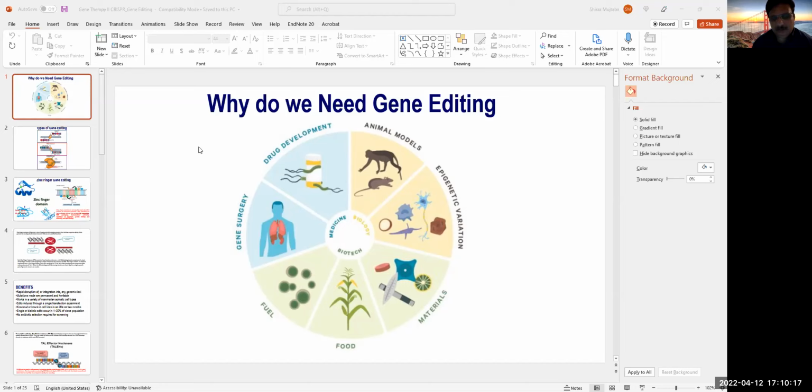So in the last class, we talked about various vector-based systems. In these vector-based systems, a gene is transfected or transduced into the diseased cells, or could be bone marrow. What scientists are looking for is to make a permanent change.